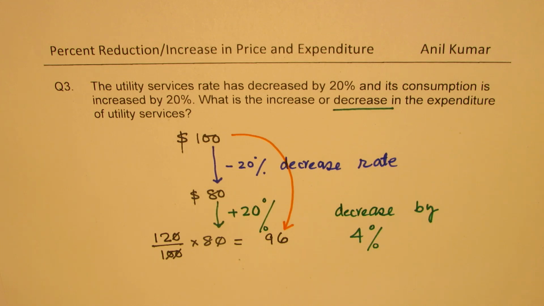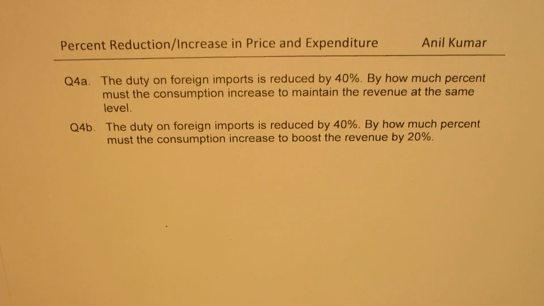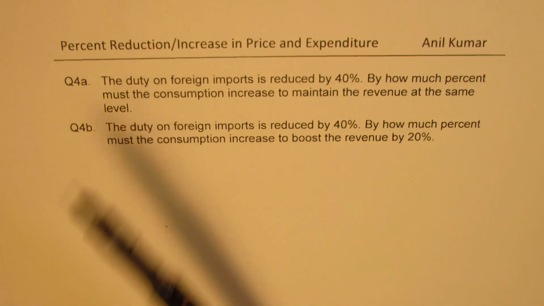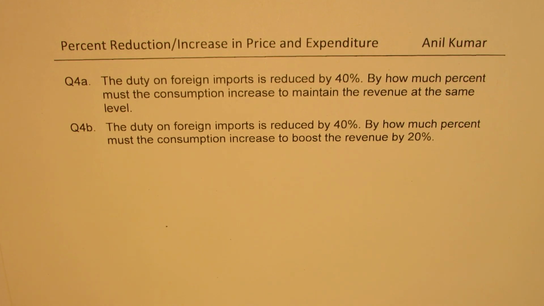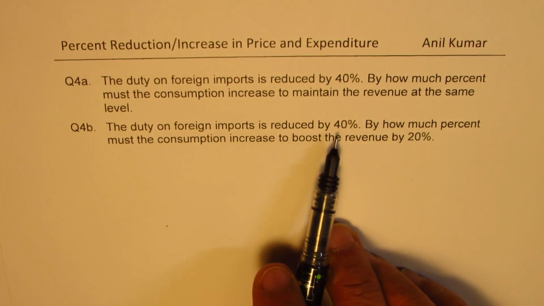Now let's take up the last example. So here is the last question of our set of 4. Question number 4 is, the duty on foreign imports is reduced by 40%. By how much percent must the consumption increase to maintain the revenue at the same level? And part B is, the duty on foreign imports is reduced by 40%.